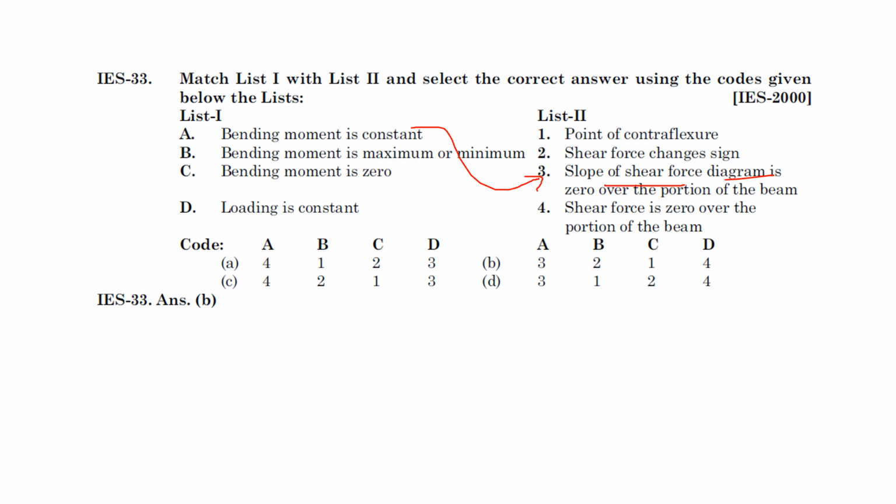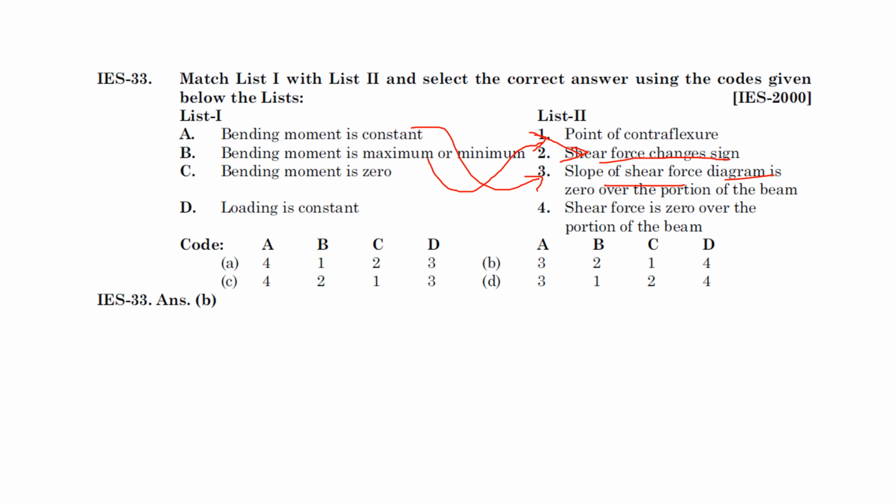Bending moment is maximum or minimum. Is this the point of contraflexure? No, this is not a point of contraflexure. Bending moment maximum or minimum is where shear force changes sign. The point of contraflexure is where the bending moment changes its sign, not where it is maximum or minimum.